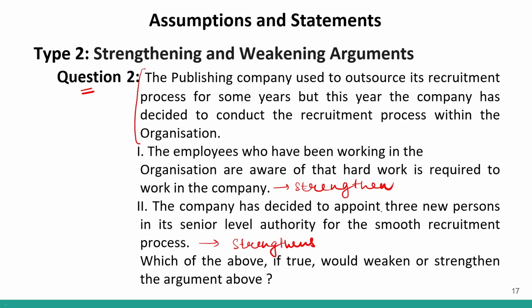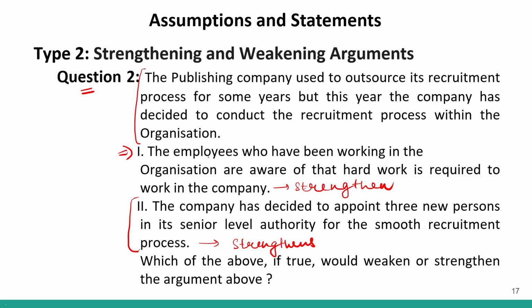The company has decided to appoint 3 new persons. So if the company is appointing 3 new persons, that means the company is taking the recruitment process very seriously, because they have appointed 3 new persons at senior level authority for the smooth recruitment. So this one definitely strengthens. Now let us come back to the first again.